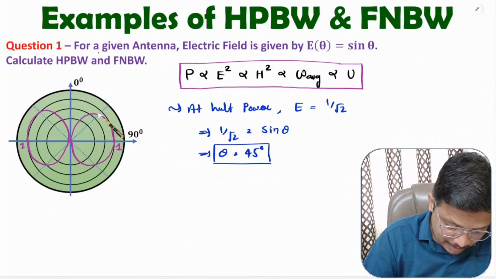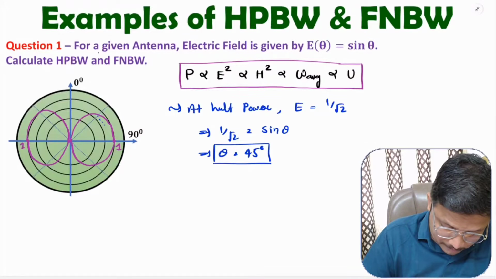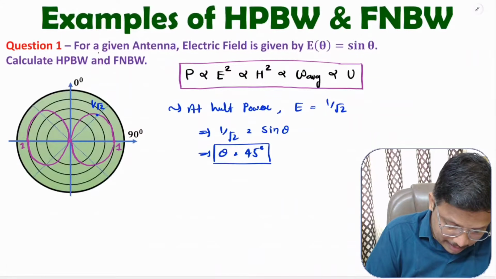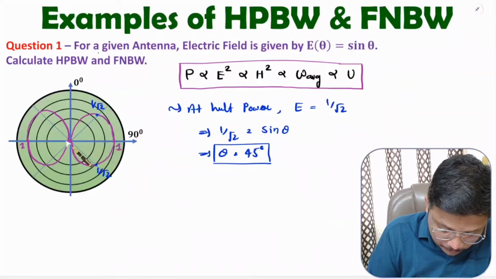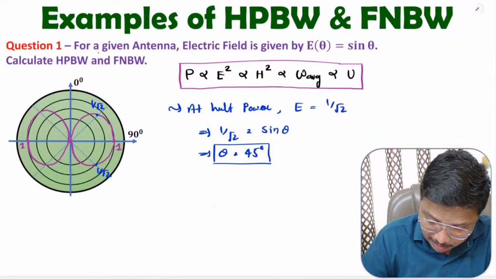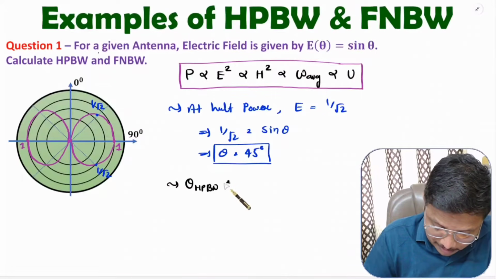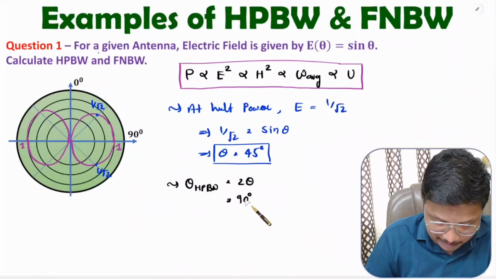Over here at 45 degrees, the value will be 1 by root 2, and similarly over here also it will be 1 by root 2 at 90 plus 45. So the half power beamwidth will be twice this theta, so that is 90 degrees, right?